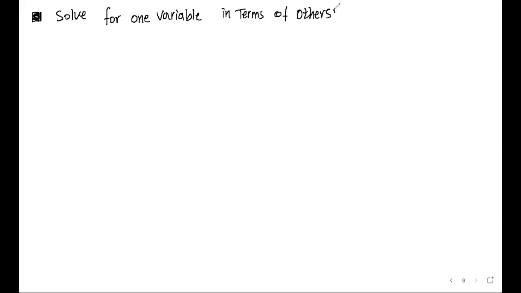What does that mean? I'm going to explain this by example. Example: solve for the variable capital M here.